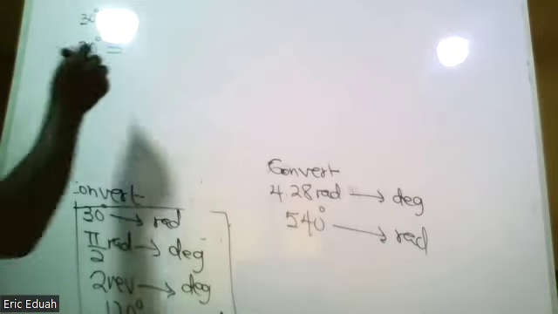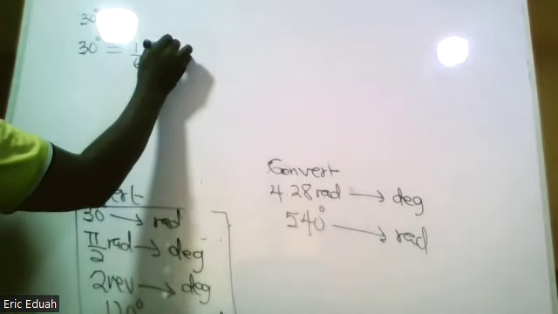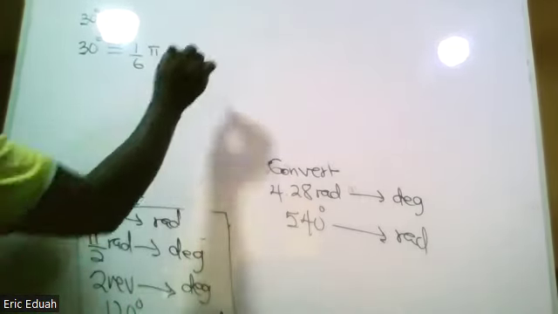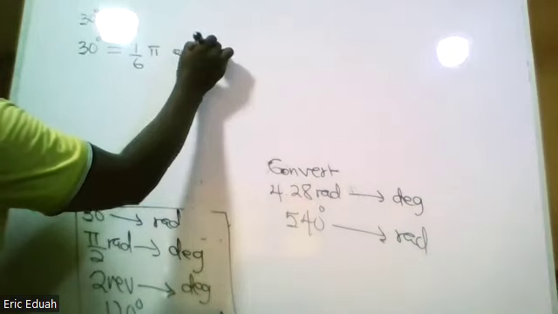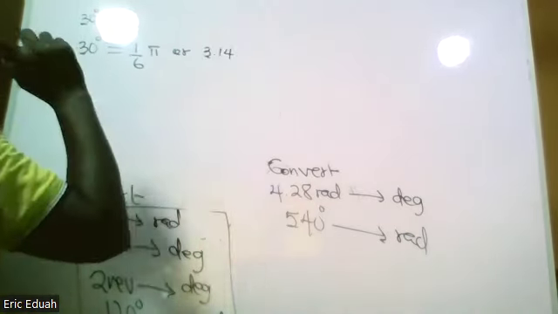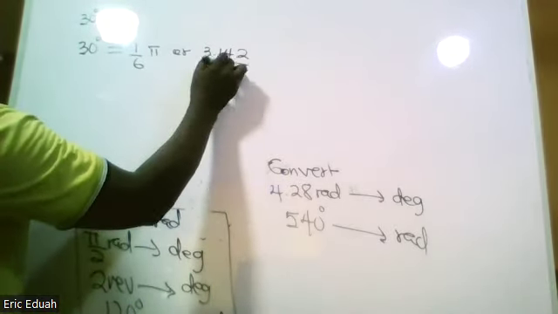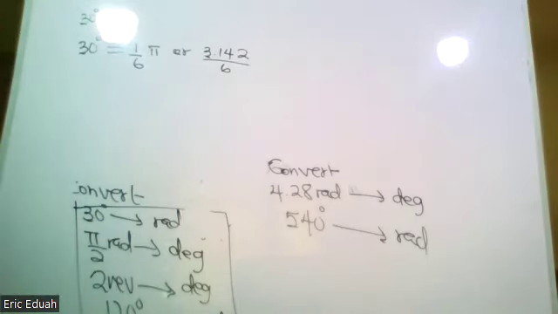Yes, please. Good. So pi on 6, which is 3.142 over 6. And I'm sure this is what you called for me earlier. Is that right? Yes.